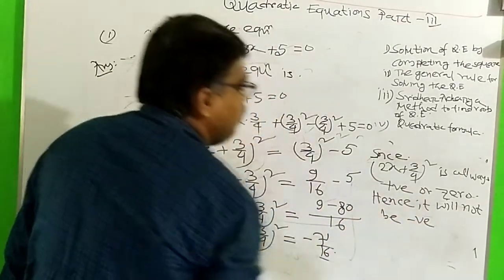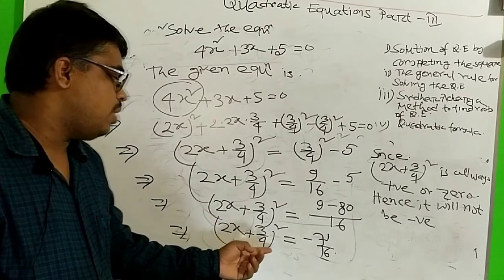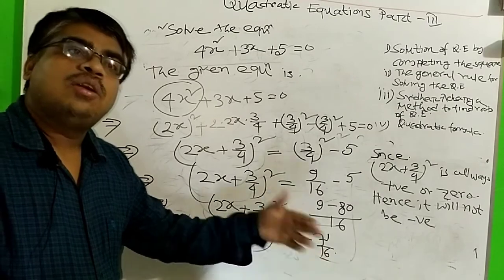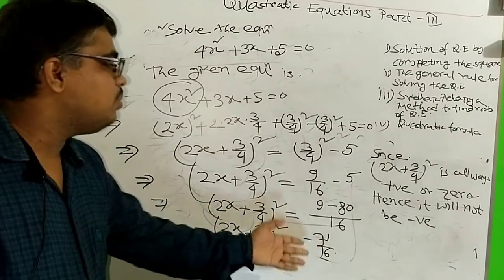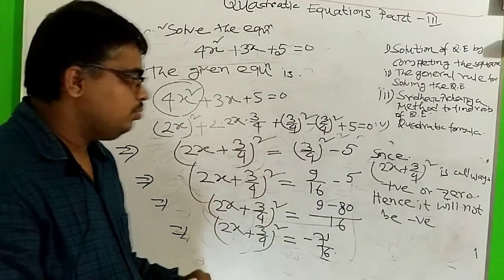Now we can say that 2x plus 3 by 4 whole square equal to minus 71 by 16 is not acceptable, or impossible, in the field of real numbers.